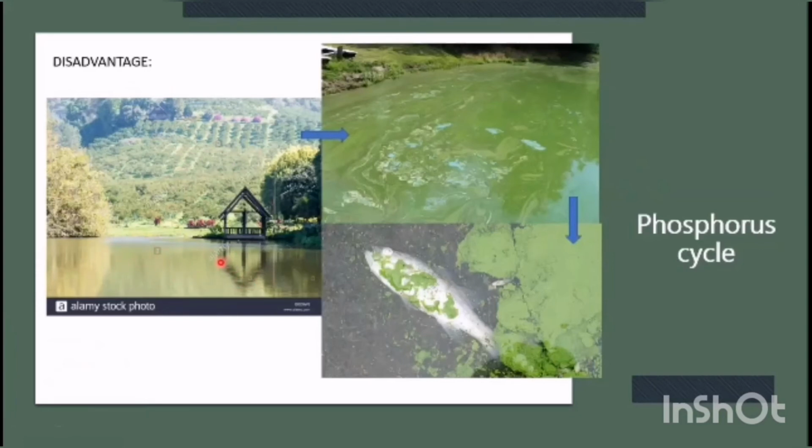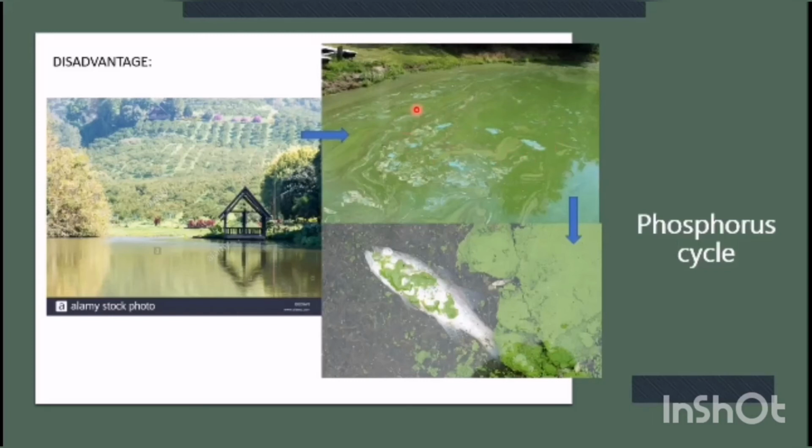Excess phosphorus causes excessive growth of algae in the lakes. As you can see, it tends to look like this.